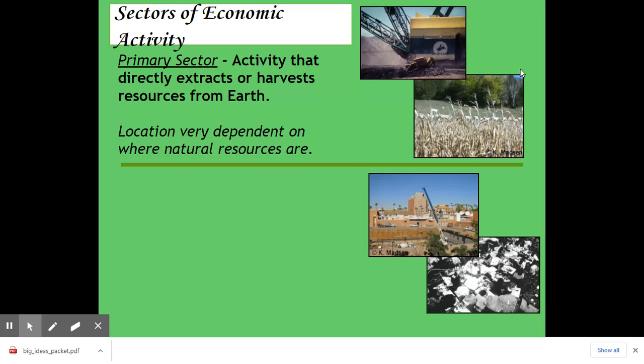So primary sectors, that is a high labor intensive sector part of the economy. You need lots of people to do that if you don't have the money for machinery.